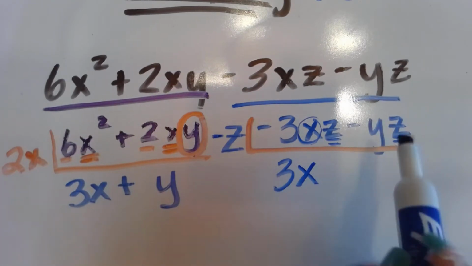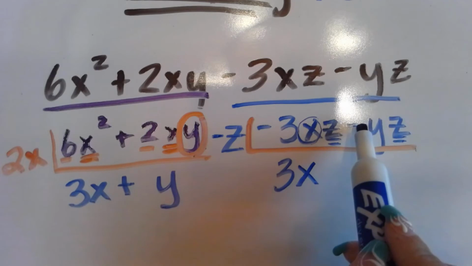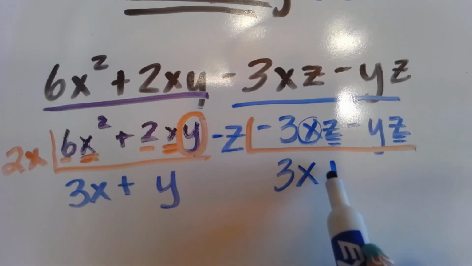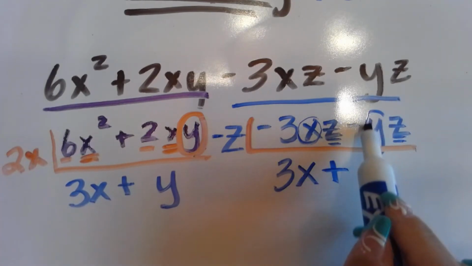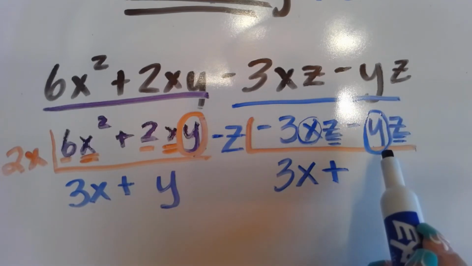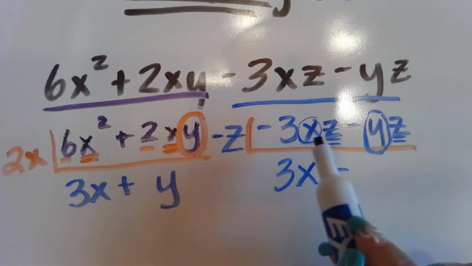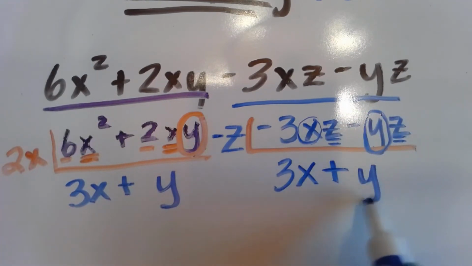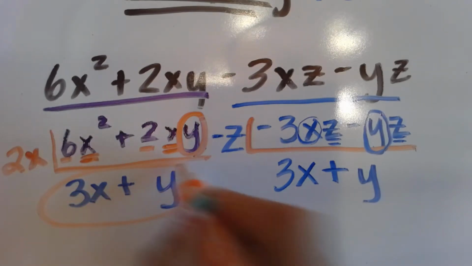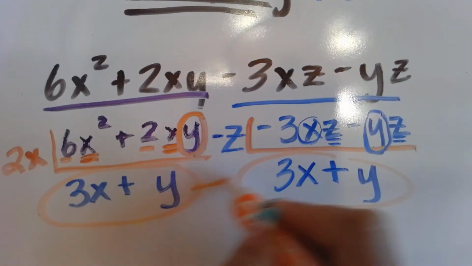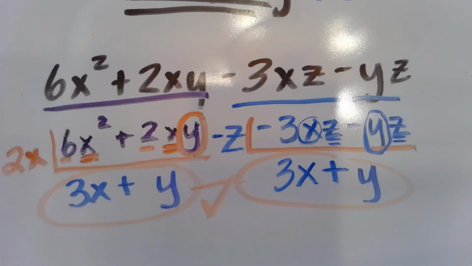Now, for this one, we have a negative divided by a negative, which means a positive. We have this y here that we didn't pull out because this one didn't have a y, so we leave our y here, and z divided by z is also 1. And as we can see, our bottoms here match. If they match, we did it right.